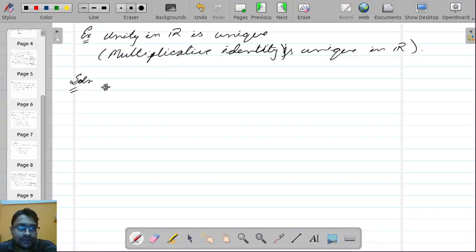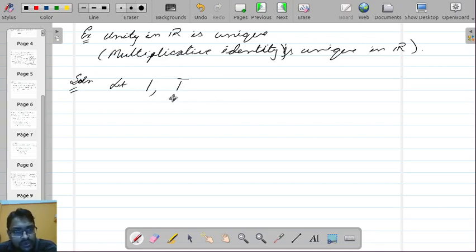Let 1 and 1 bar be two elements. 1 is the thing that is given by the field axiom, that there is an element 1 which satisfies the property, and say somebody else comes up with another element 1 bar.